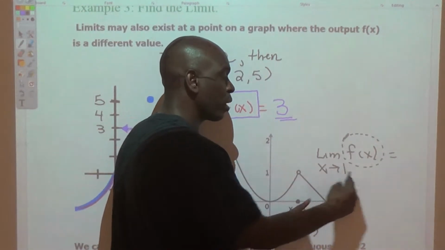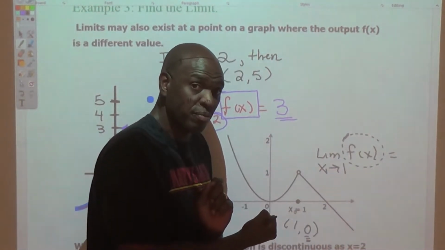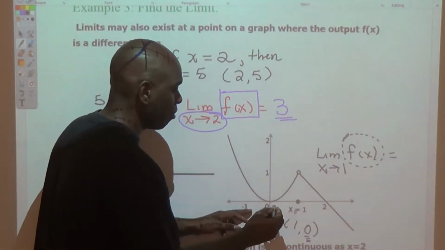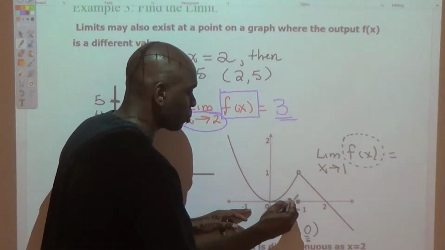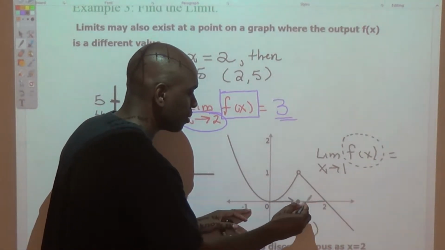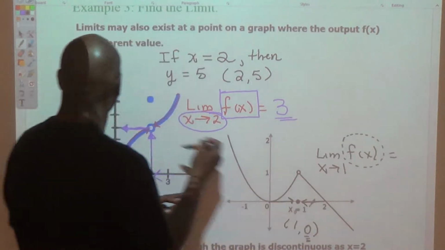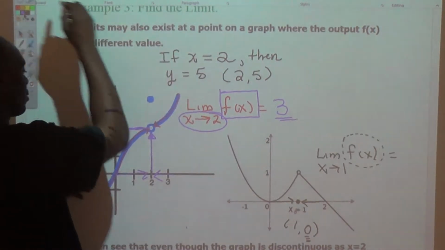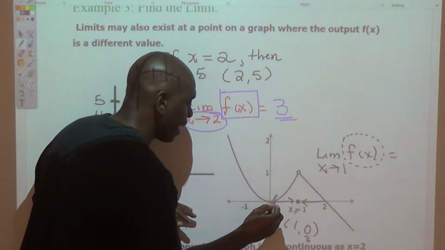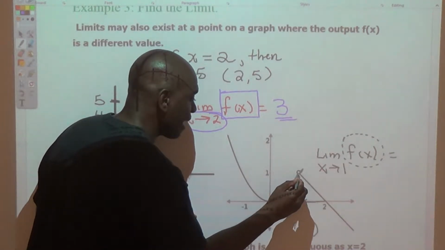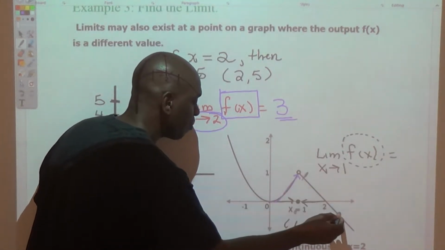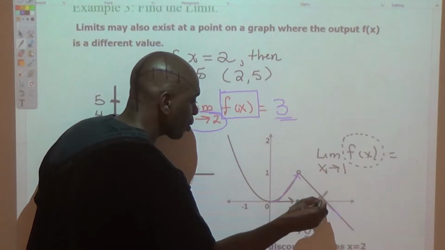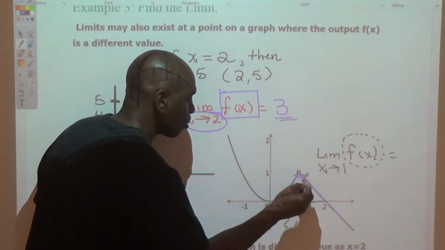As this happens, what happens to the function f of x? Well, as x gets close to 1, the graph itself is approaching what y value? What y value am I approaching?